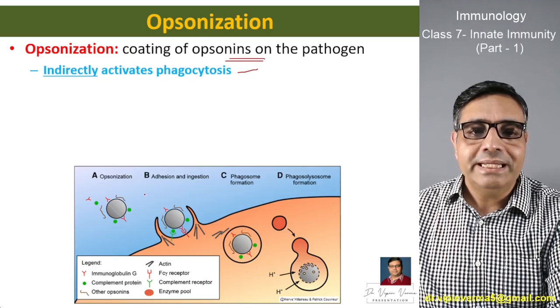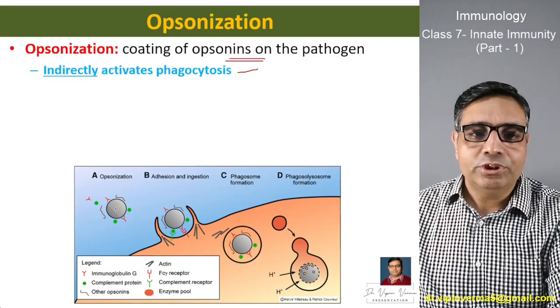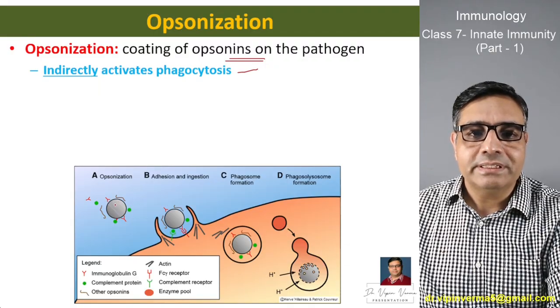Here you can see this is a pathogen. This is an IgG, immunoglobulin G, and these green particles are the complement proteins, and these thread-like structures are other opsonins, and they have attached on the surface.